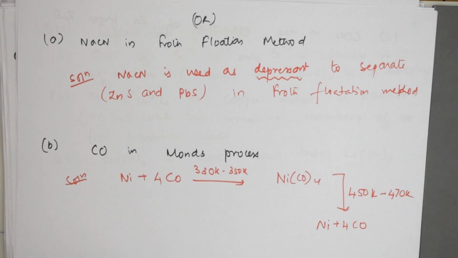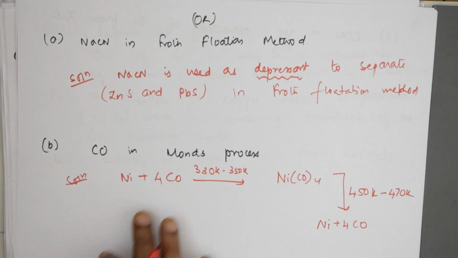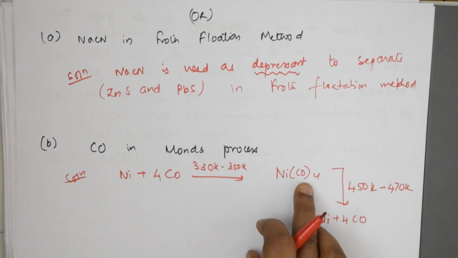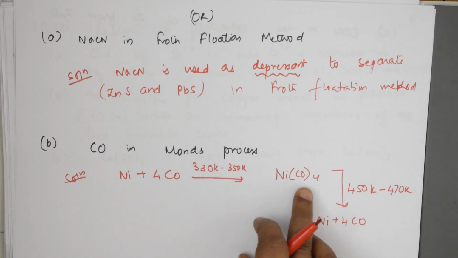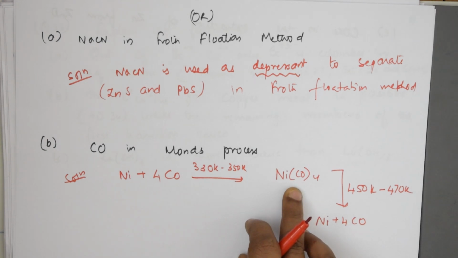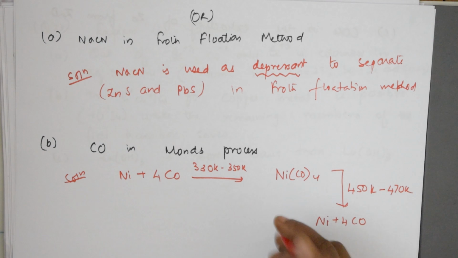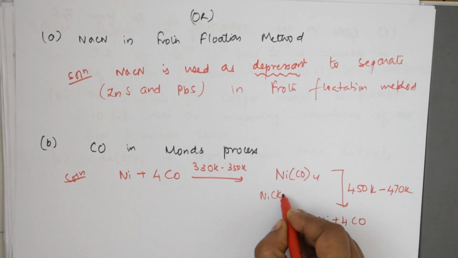So what did it say? What is the role of carbon monoxide? It forms a volatile complex. Nickel tetracarbonyl is a volatile complex. So let us write that.